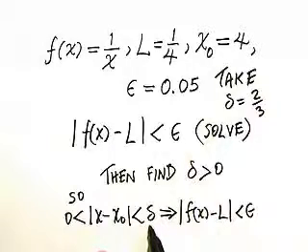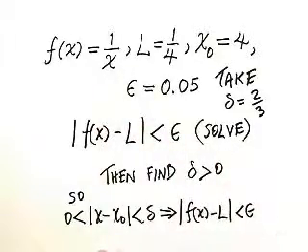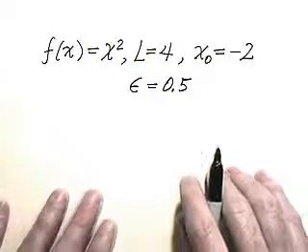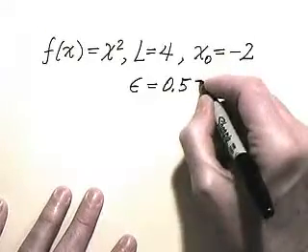All right, now let's look at another problem with epsilons and deltas. Here, I have the function f of x equal x squared, L equals 4, x naught equals -2, and we're taking epsilon equal to 0.5, which of course is 1/2. And so we want to solve the inequality absolute value of f of x minus L less than epsilon.